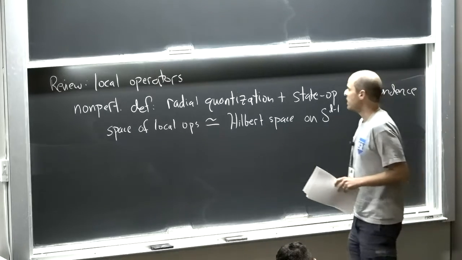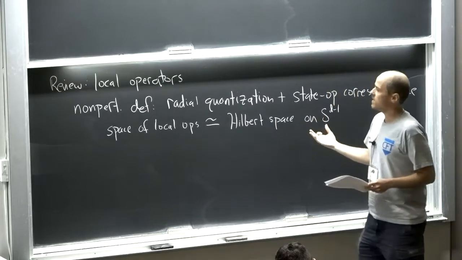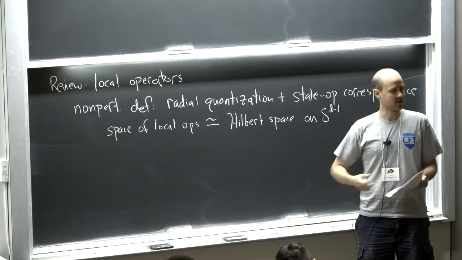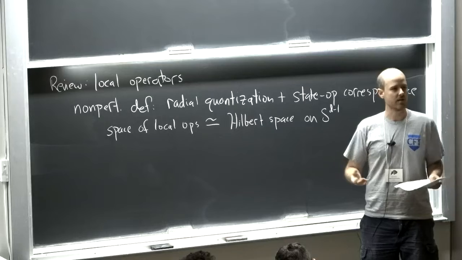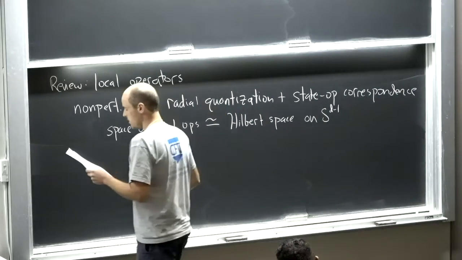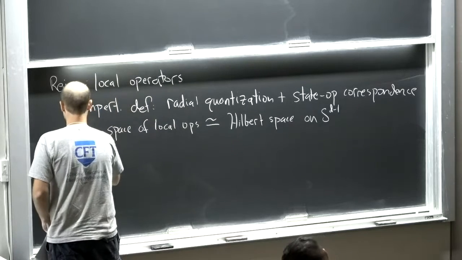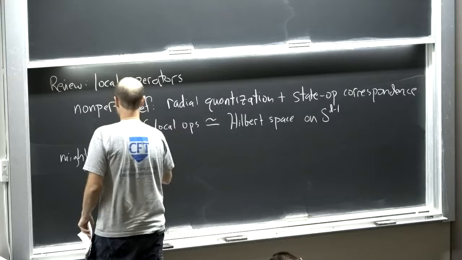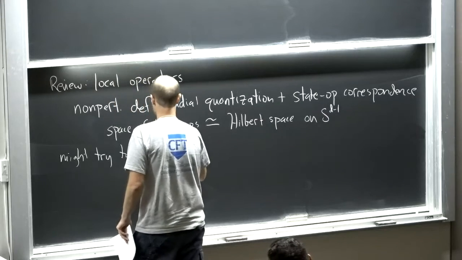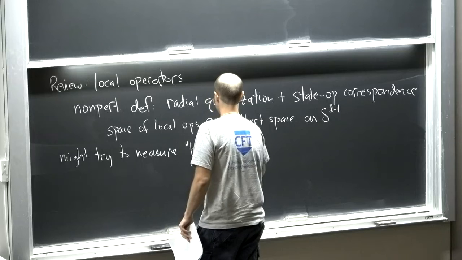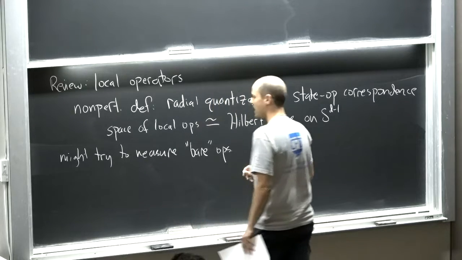So now let's think about this in the context of a path integral construction of a CFT. So we have some path integral, let's say with some Lagrangian and fields and everything. We might try to measure bare operators, which are products of fundamental fields.